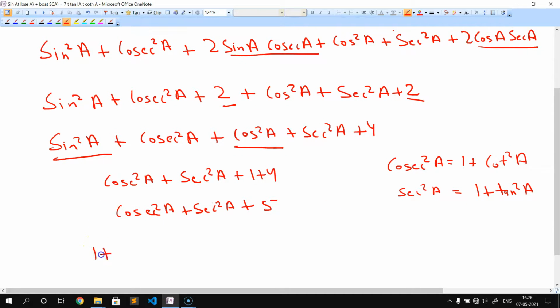So cosec square will be changed into 1 plus cot square a and sec square will be changed into 1 plus tan square a, plus 5.